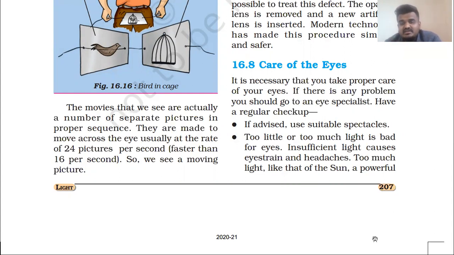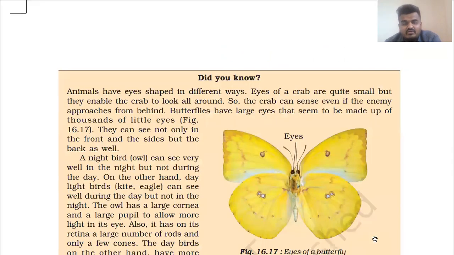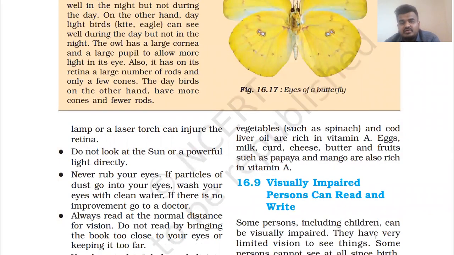Too much light, like that of the sun, a powerful lamp or a laser torch, can injure the retina. So this type of bright light of the sun or a lamp, or a laser torch also, can injure the retina.